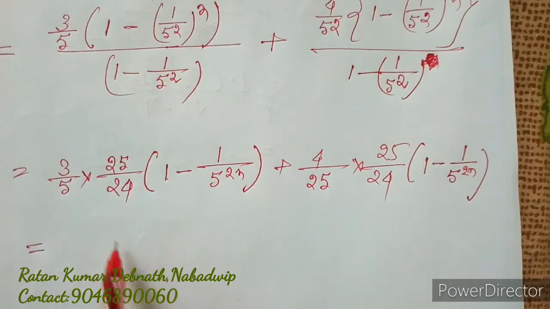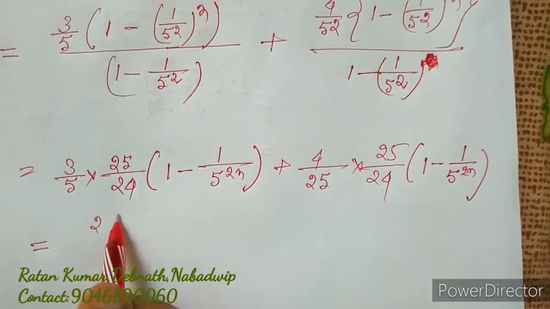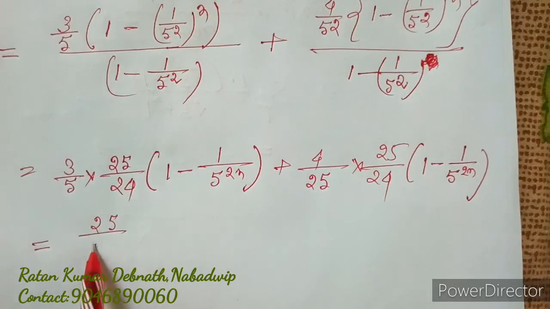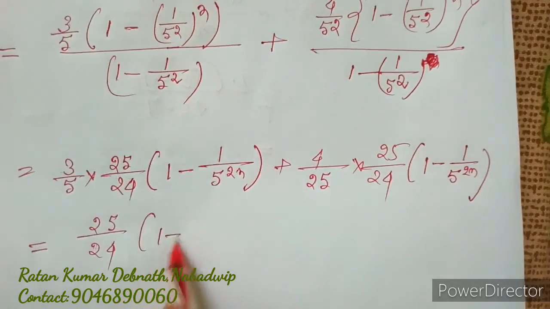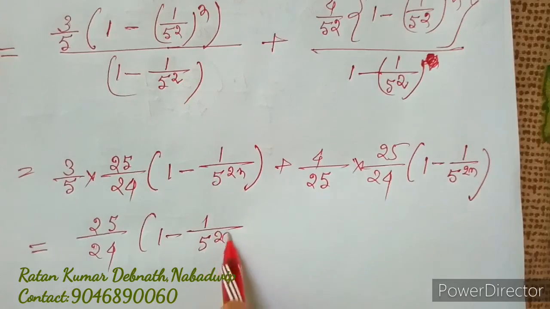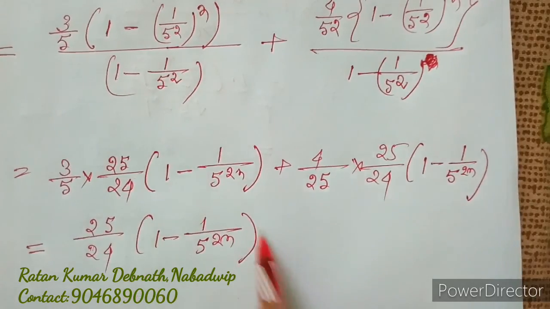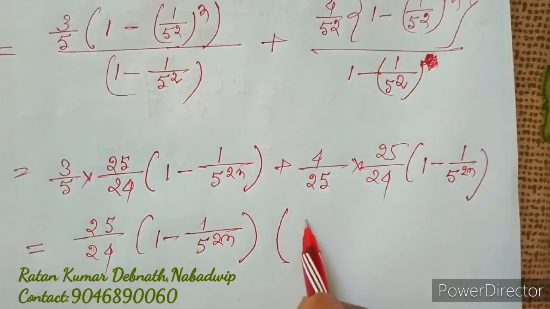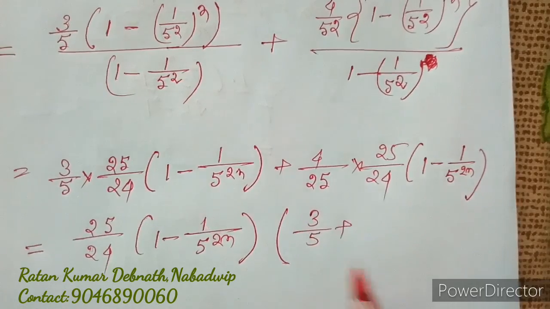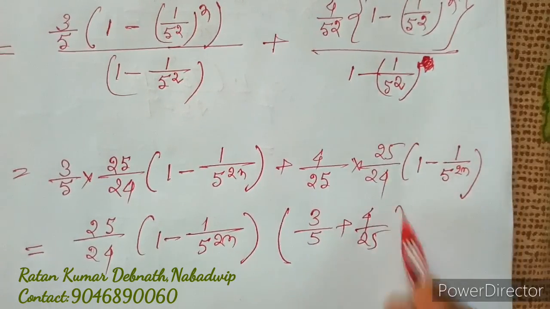We can take common 25 by 24 into 1 minus 1 by 5 to the power 2n. So within the bracket, 3 by 5 plus 4 by 25.